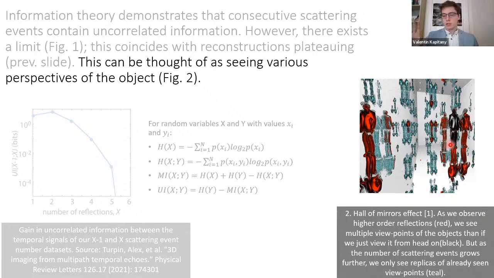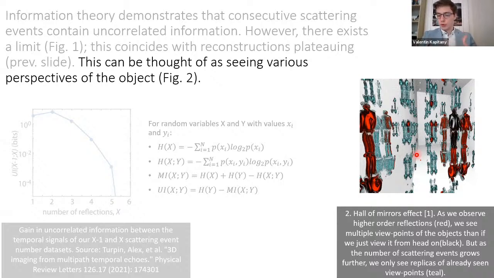If we then look at the multipath reflections in the scene, we can see the red silhouettes with four path events, and we observe multiple perspectives of the object. We can see the back perspective and the side perspective of the object as well. So we really have a lot more information about the exact object and the exact position of that object.